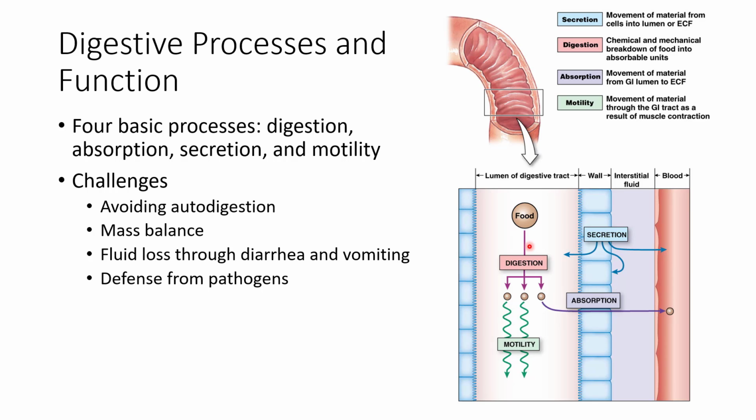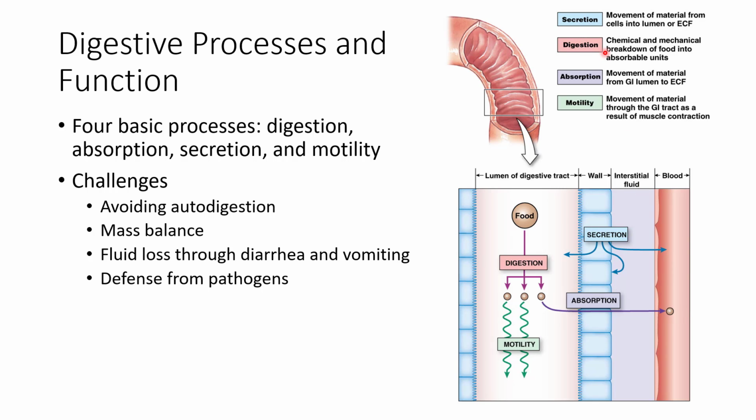The processes and functions of the digestive system are fourfold. They are secretion, in which we're moving material from the cells in the digestive system either into the lumen of the digestive tract or into the blood.